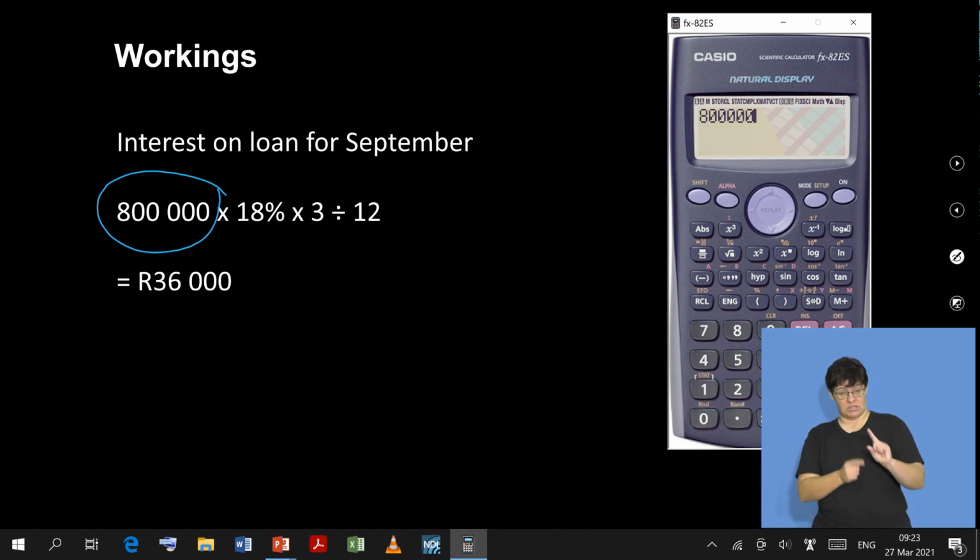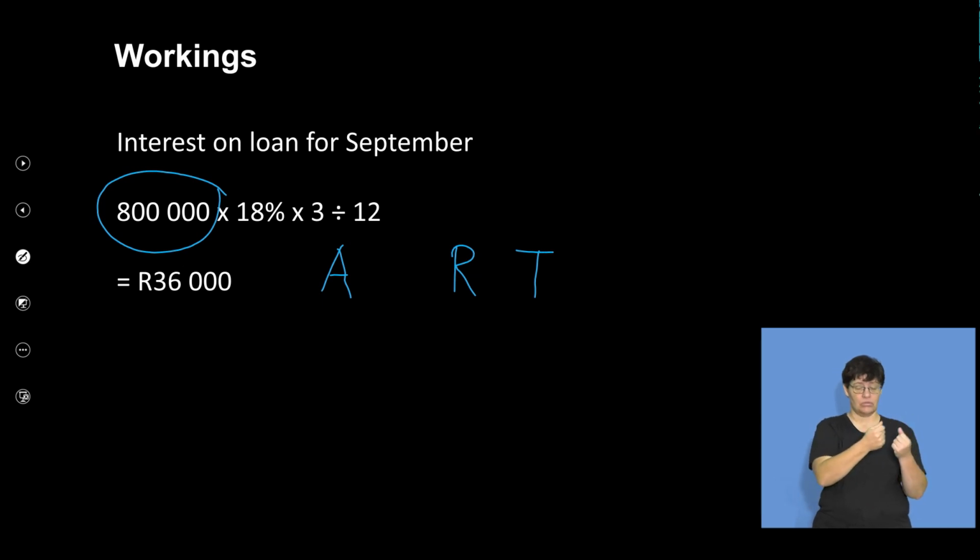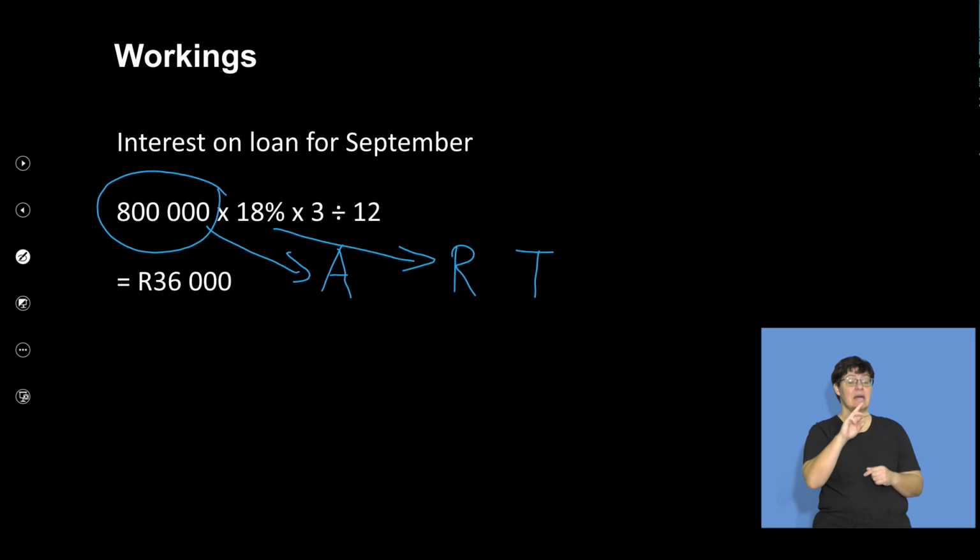Now, the rate of the interest was 18%. So obviously, you're going to multiply this by your rate. Take into consideration what we've always said, ARTA: amount, rate, and time. So the amount is 800,000, as you can see, my rate is 18%, and my time, in this case, will be 3/12.